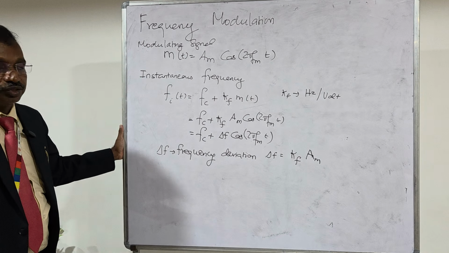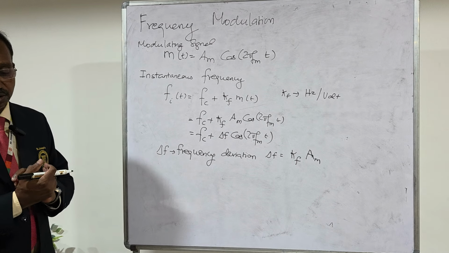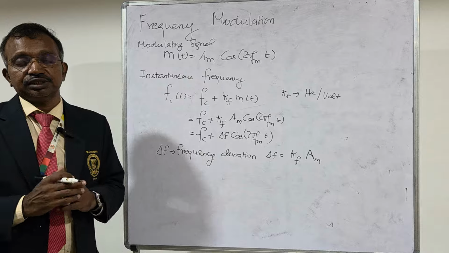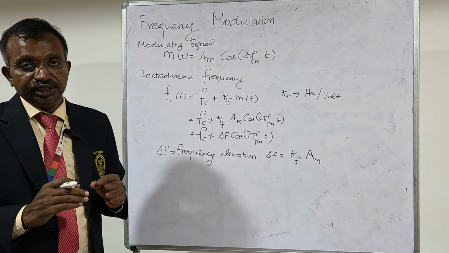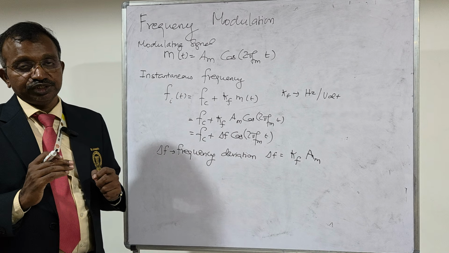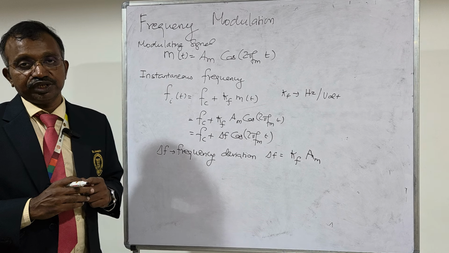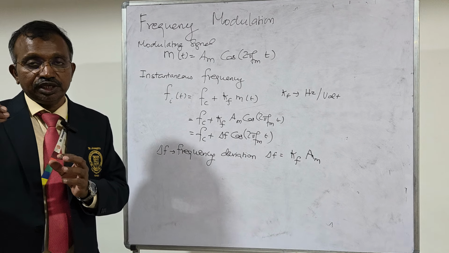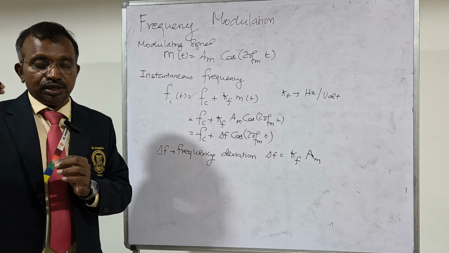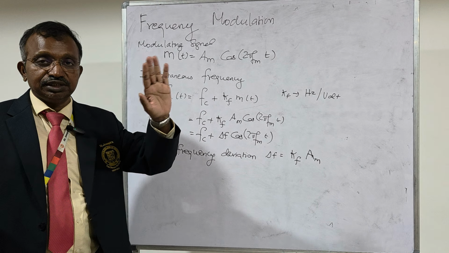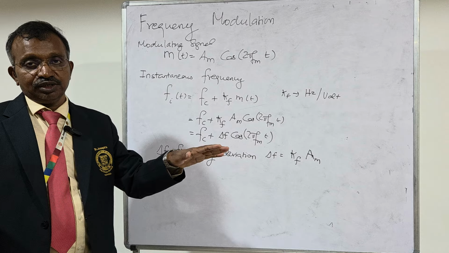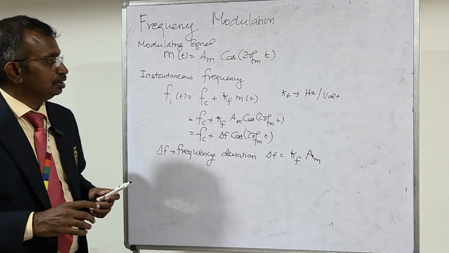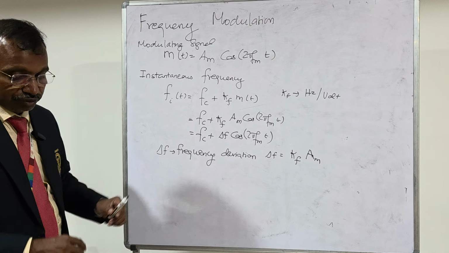So this is the frequency deviation, and it represents the maximum departure of the instantaneous frequency of the FM signal from the carrier frequency. How much it is going to vary. Suppose when the input amplitude is say 5 volts, what is the departure? So what is the maximum frequency it can go? So this is called as the frequency deviation.